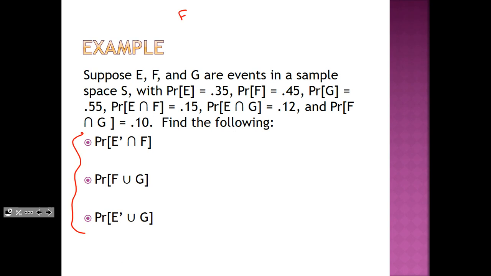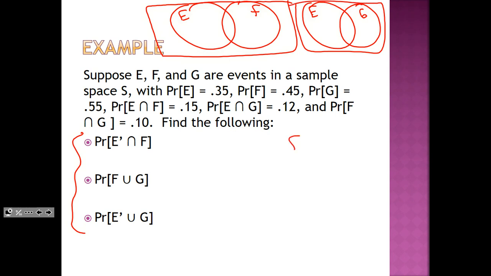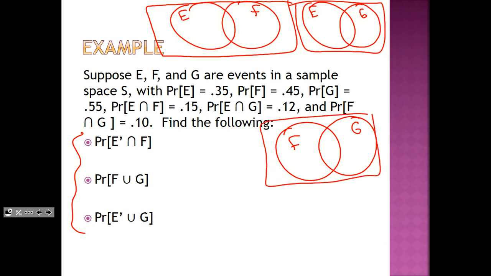So I can draw one with E and F. Okay, I can draw one with E and G. And I can draw one with F and G. Then I can solve my problem that way. Okay? So if you look at the E and F one, so E intersect F, it's 0.15.